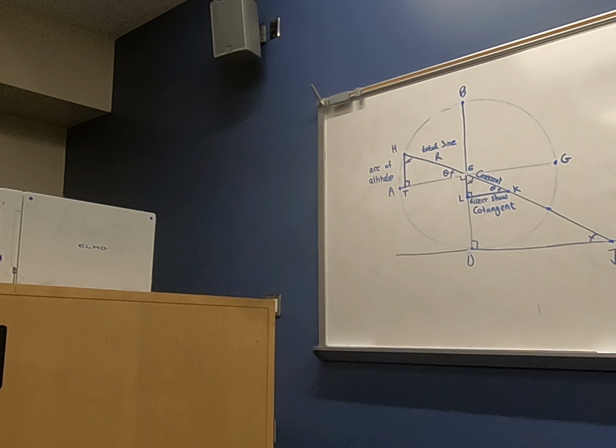How far off are we? Can we just call it 26.30, something like that? 26.3. So 3/10 is how many minutes? 18. So it's going to be about 26 degrees and 18 minutes.